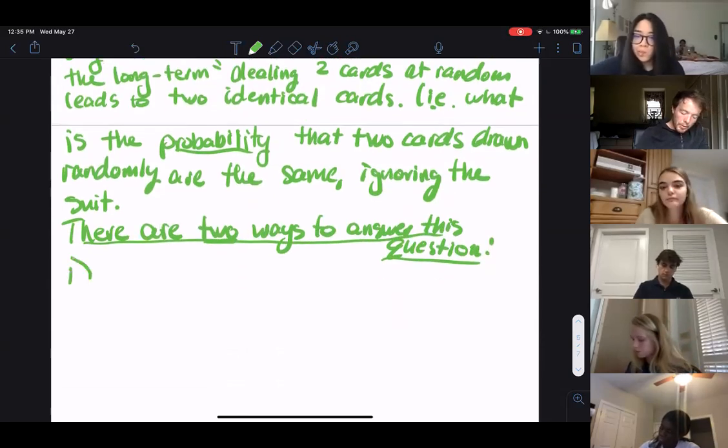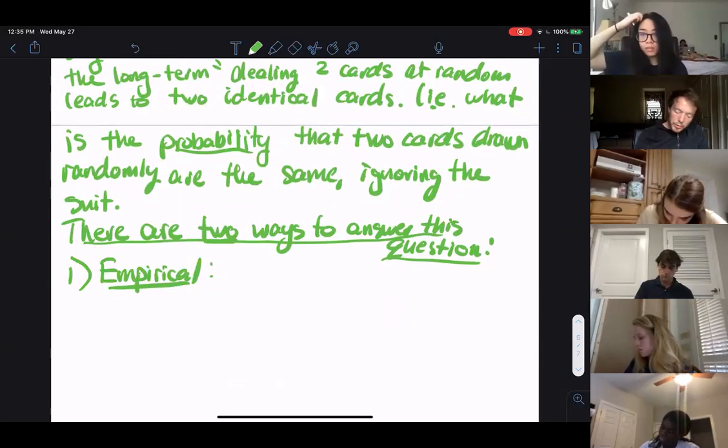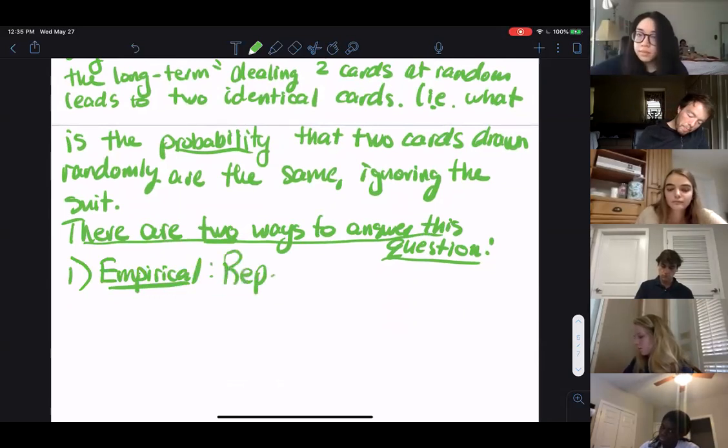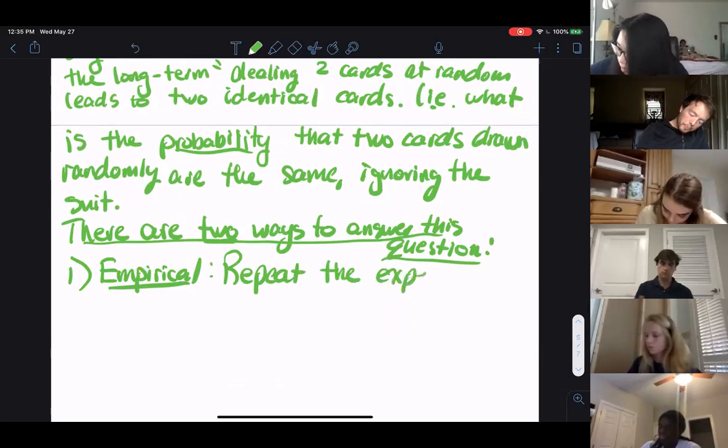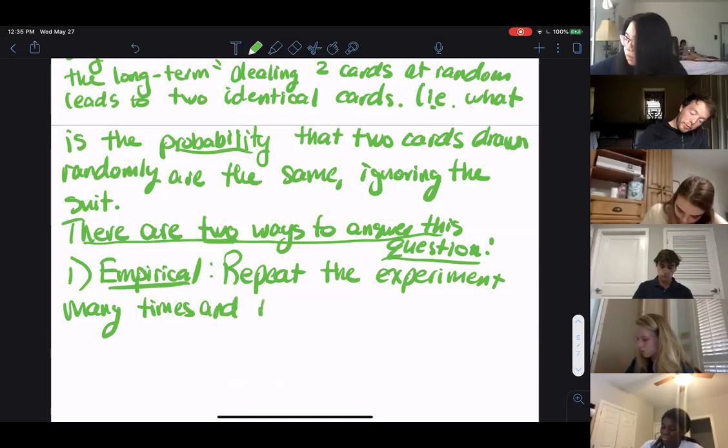Okay, the first is empirically. The idea here is you just repeat the experiment many times and record the proportion of successes.